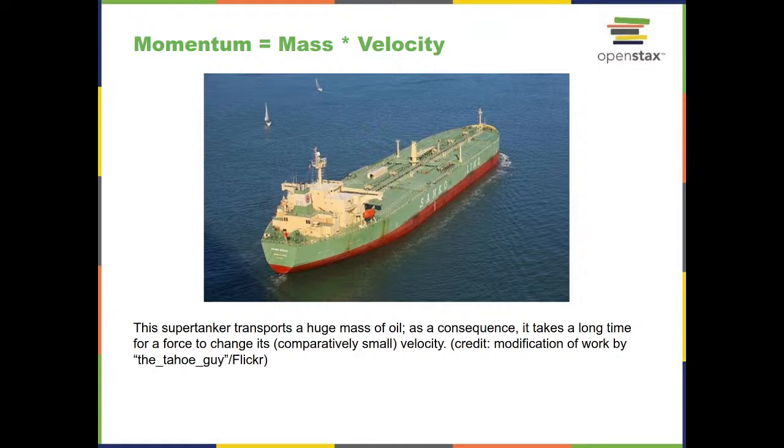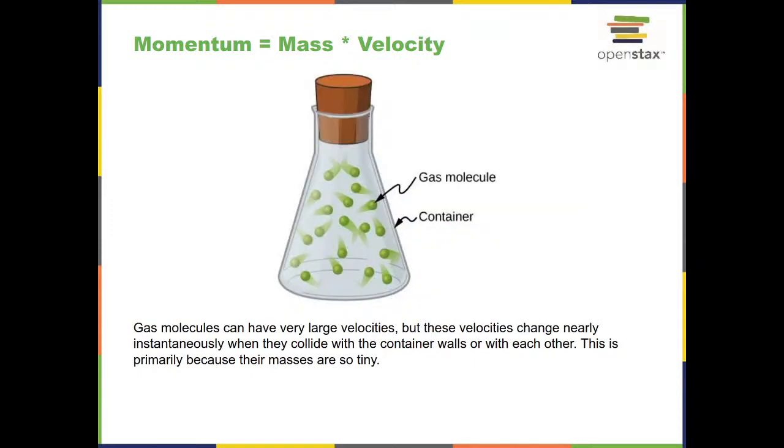So this example of the oil tanker is where the mass is large and the velocity is small. Another example where we have the opposite situation, and I by no means want to imply that the momentum of an oil tanker is the same as the momentum of gas molecules in a bottle, but gas molecules in air, or in any gas, have a much smaller mass but a larger velocity, and that allows them to have a certain amount of momentum.